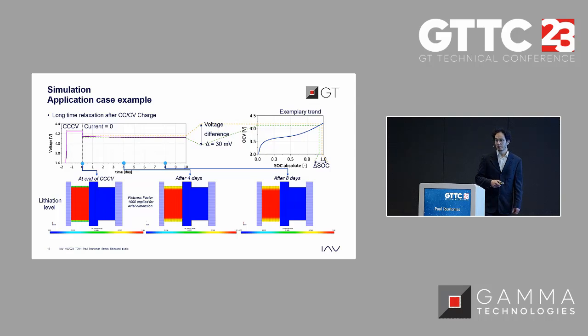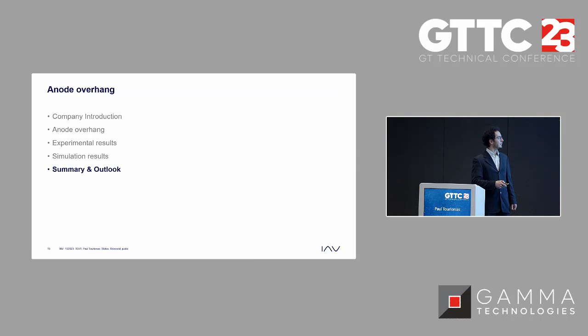So if you misestimate the voltage, then you may have an impact on the SOC, which means that if you leave the car a long time in a garage and you measure the voltage, then possibly you will make some mistake in the SOC that you would have to consider after. That's why we see here possible application cases to account for these effects in the SOC estimator.